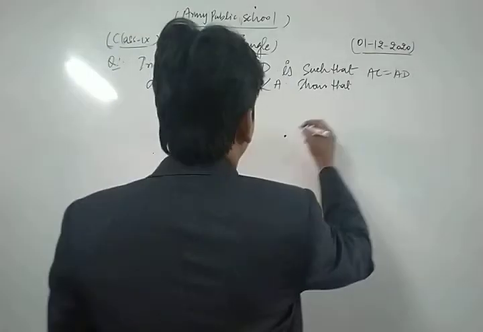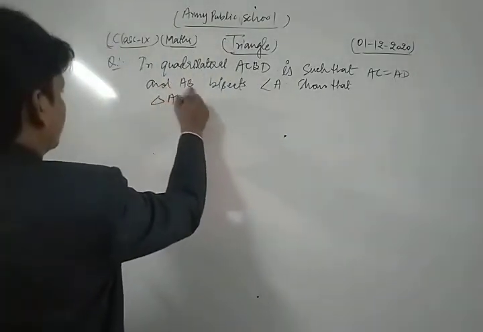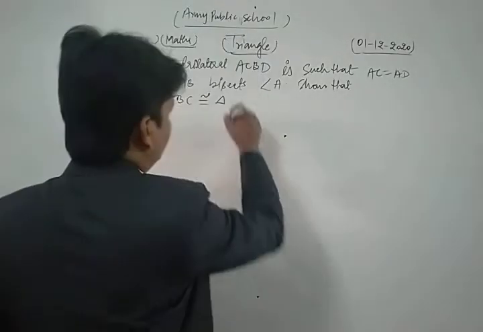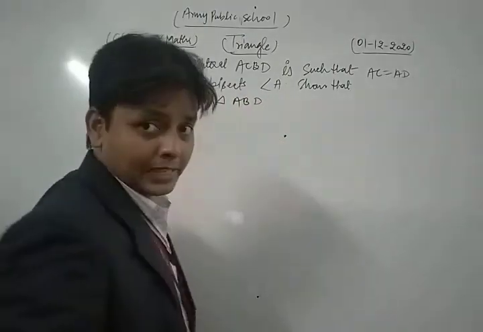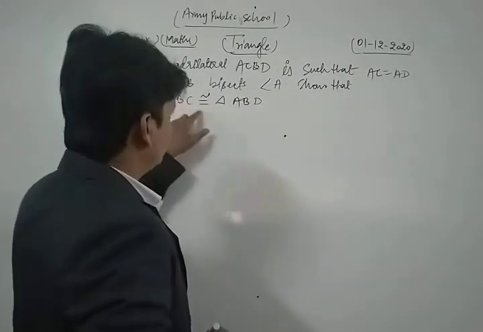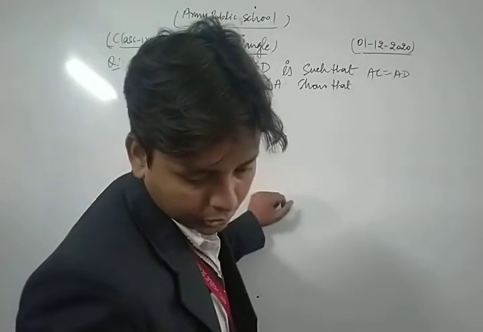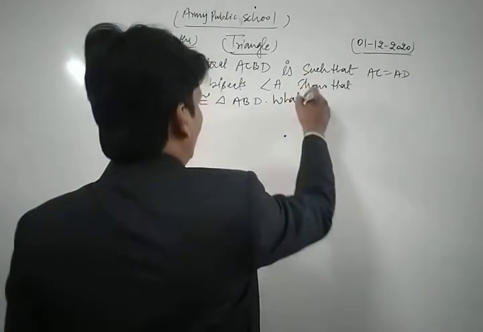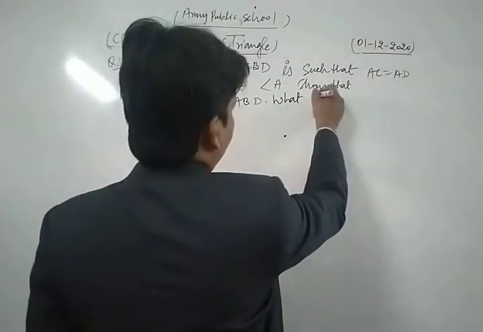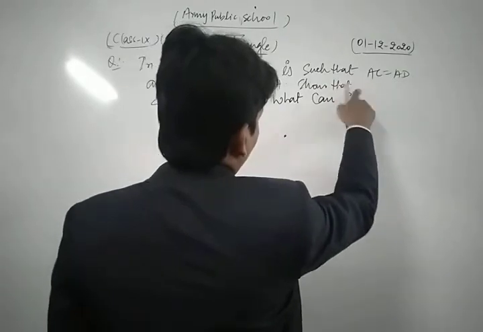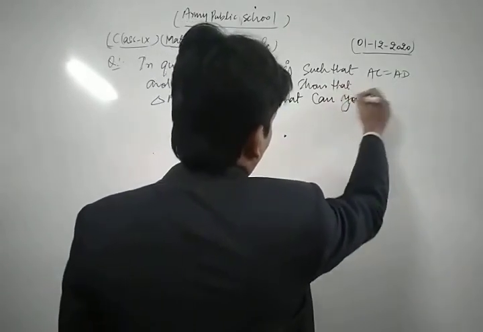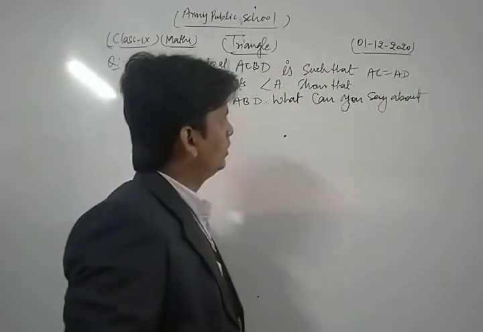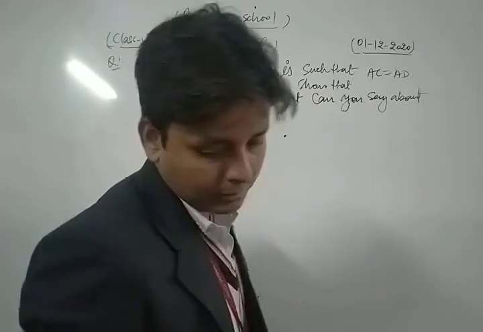triangle ABC is congruent to triangle ABD. And one question is also added: what can you say about BC and BD?